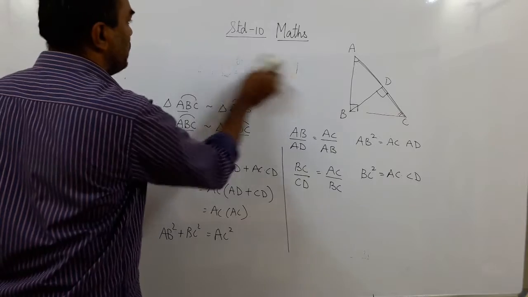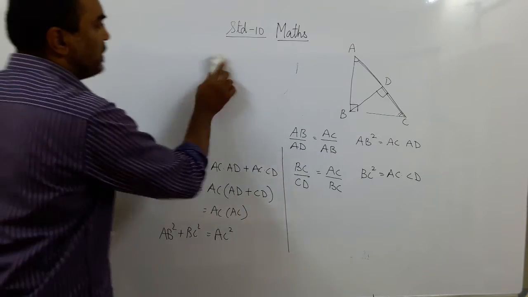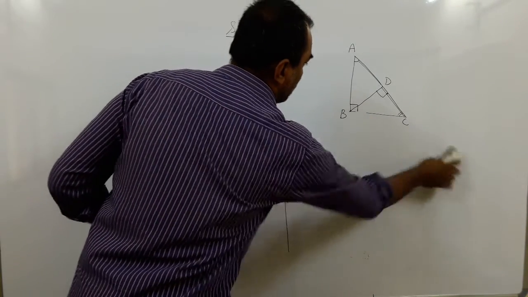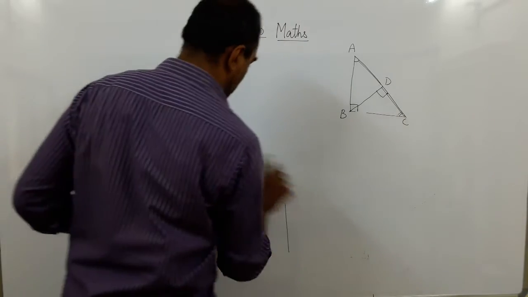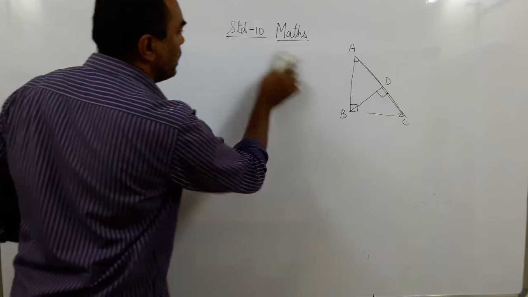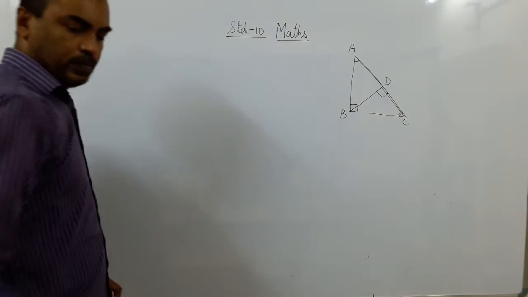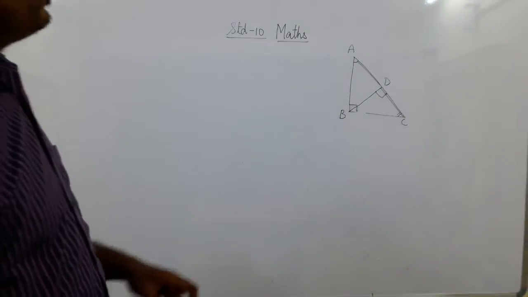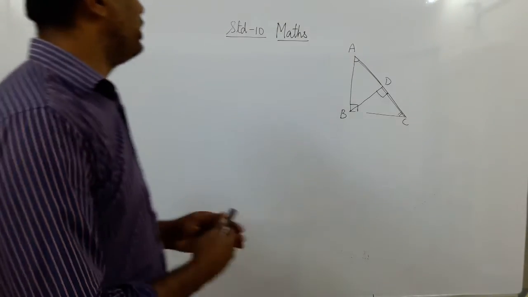Now, the theorem is over, but I want to show you something which will be a help to you. I will show you something for Pythagorean triplets. So I'll tell you now what Pythagorean triplets are. You understood the theorem?